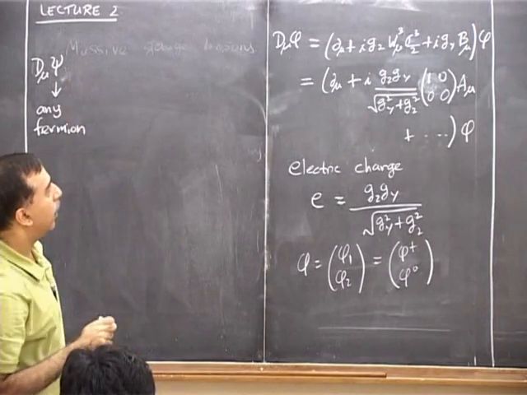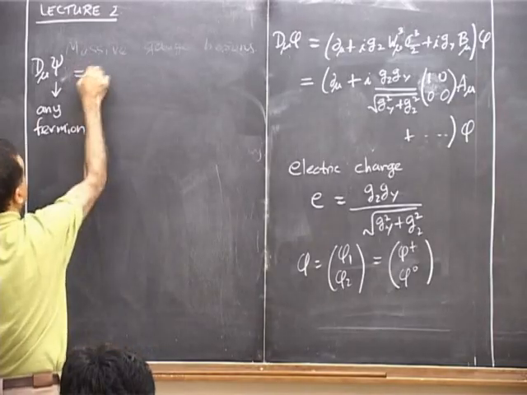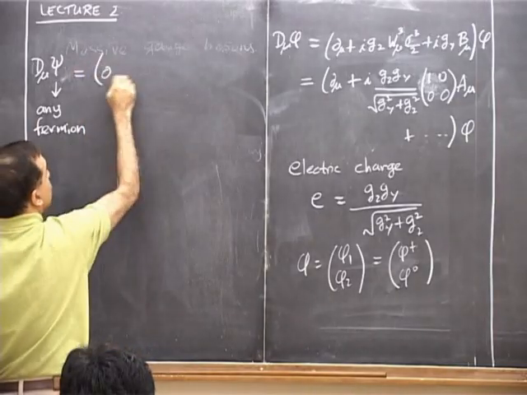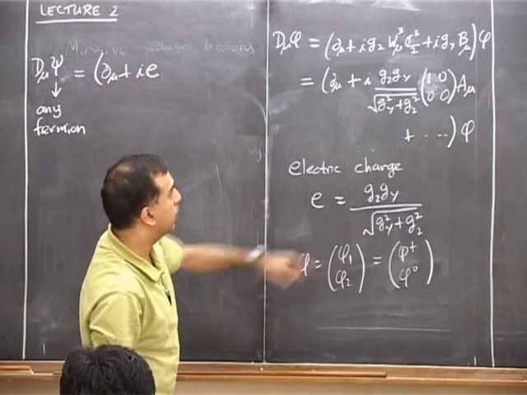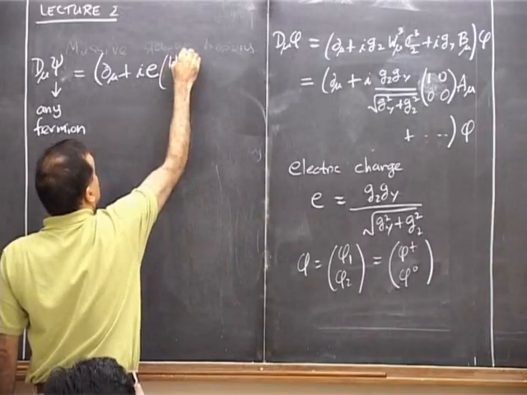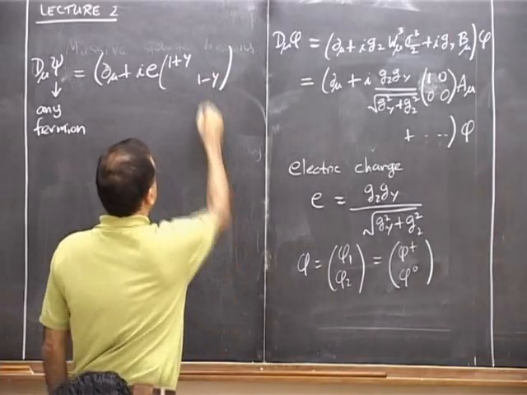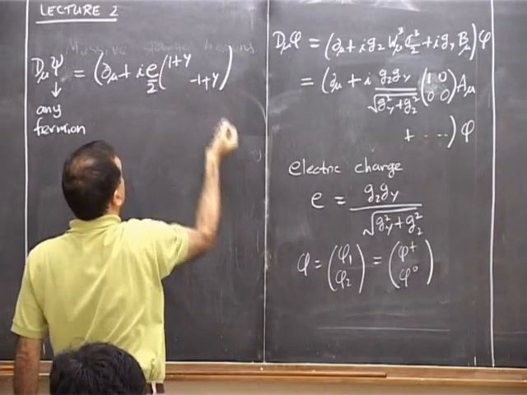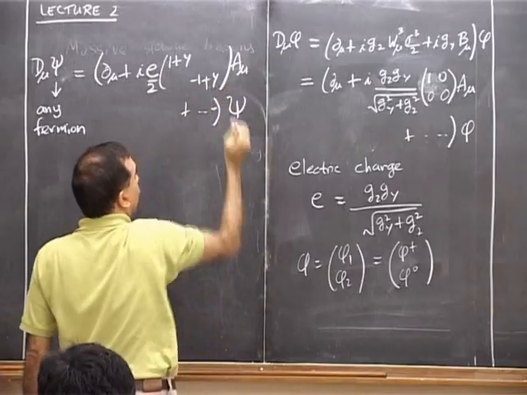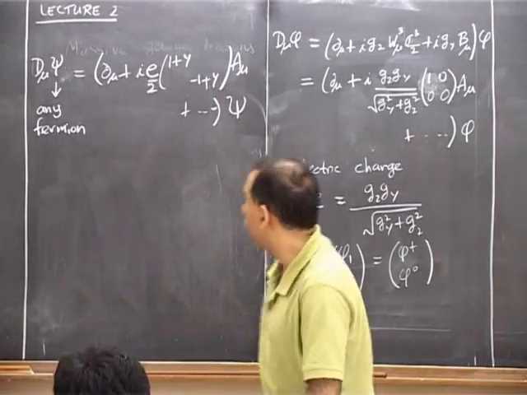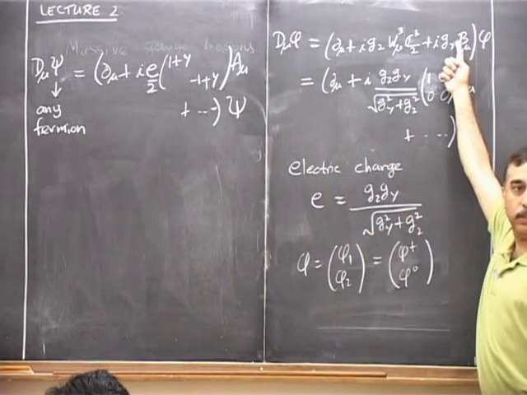But we've already identified the charges of the W's, so that only leaves the fermions, and in that case, the same matrix comes out to be d mu plus i E times the matrix with entries 1 plus Y, 1 minus Y, minus 1 plus Y, and this is 2 here. This is on any other field that you have. That comes just by putting a Y by 2 factor over here.